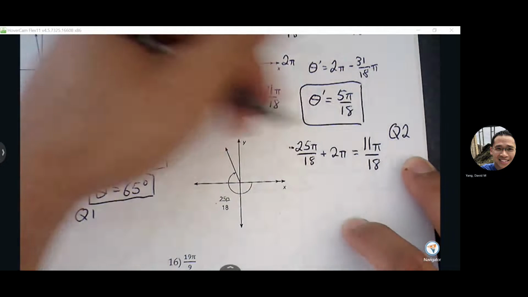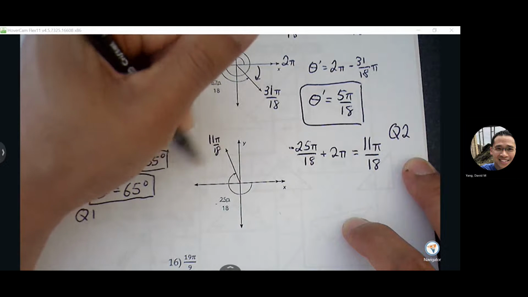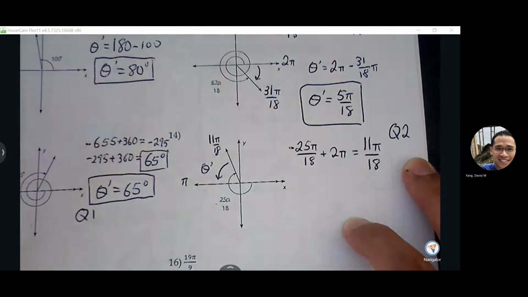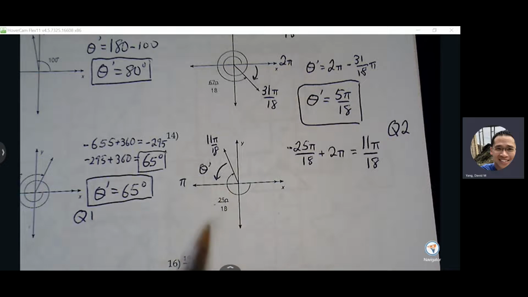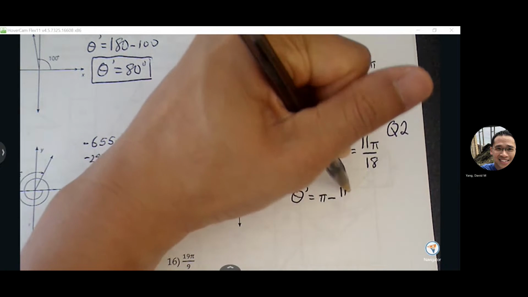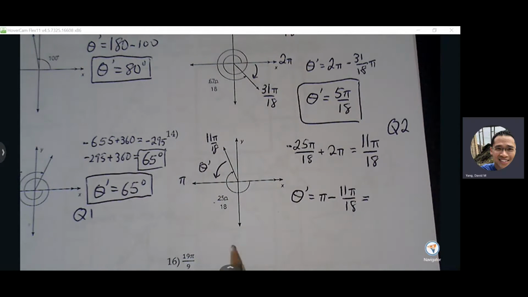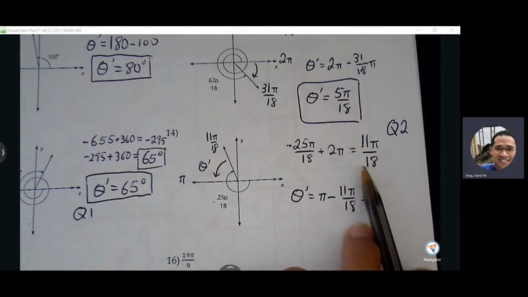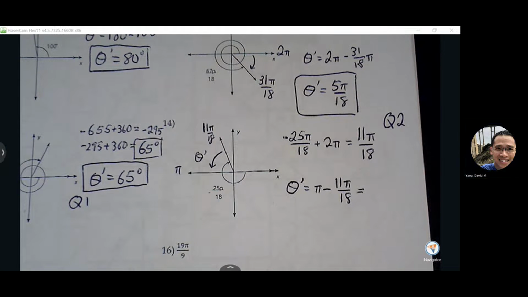Quadrant 2. So I have to involve the 180-degree line, the pi. Once we know what quadrant we're in, we can decide how we want to get to our reference angle.